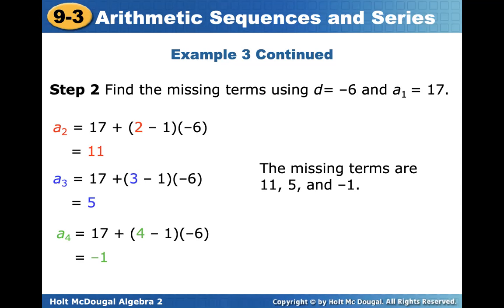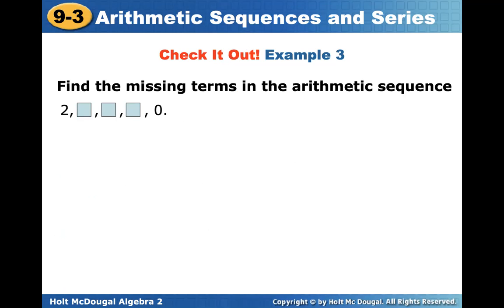Okay. Questions on that? All right, here's another one. Why don't you take a few minutes to see if you can find the missing terms there?